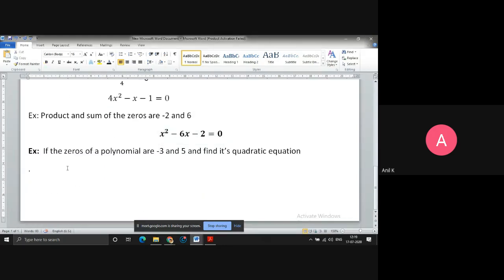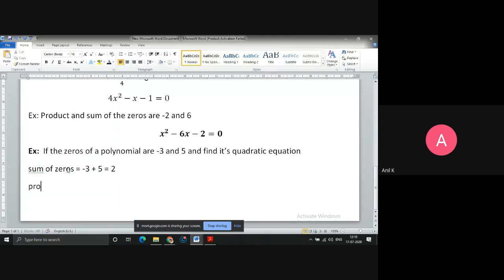So here zeros are given. What I have to do is I have to find the sum first. Sum of zeros equals to, what is the sum of zeros? Minus 3 plus 5, which is equals to 2. Okay.